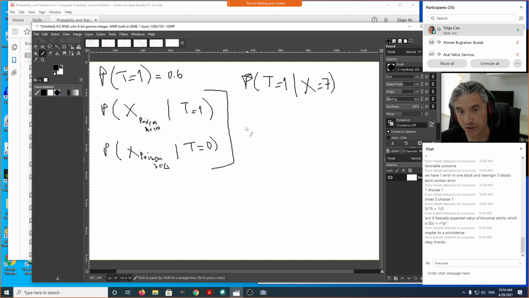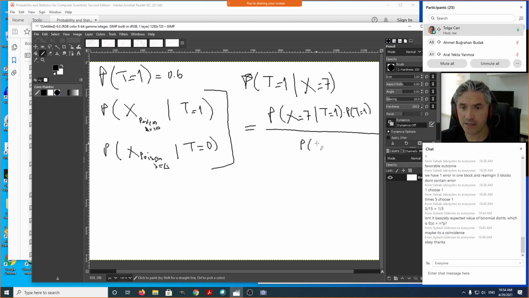So in order to solve this question, we first need to write our Bayes rule, which is the probability of x equal to 7 given that there is thunderstorm, times the probability of thunderstorm, and divided by the probability of x equal to 7. The probability of x equal to 7 is also not given to us, but we can find that by the total law of probability.